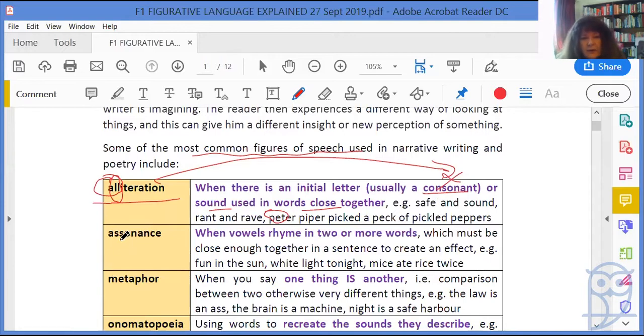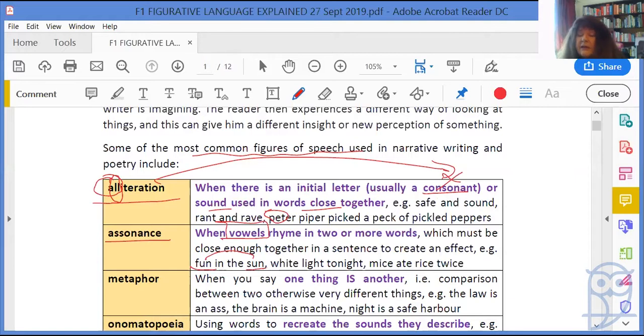The next one is called assonance. Assonance is similar to alliteration, except this time we're looking at vowels. Vowel sounds, not consonant sounds, vowel sounds. So it's when vowels rhyme in two or more words, which must be close enough together to create an effect, for example, fun in the sun, that's assonance.